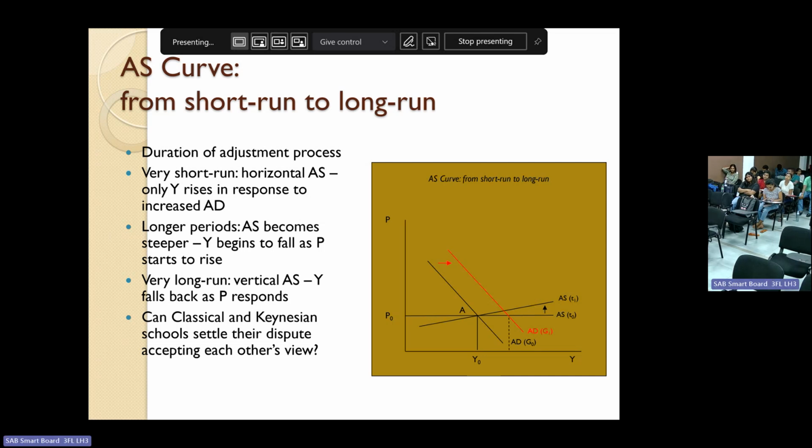So we get the supply curve, and a supply adjustment takes place. That means prices also tend to increase slightly.